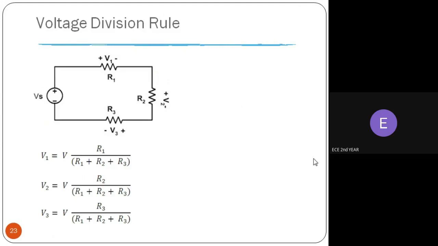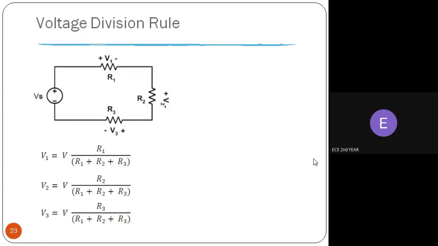Here the voltage division rule is applicable only to series circuits and cannot be applied to a parallel circuit, because in a parallel circuit the voltage across the individual elements is the same. So the voltage division rule is applicable only to a series circuit.